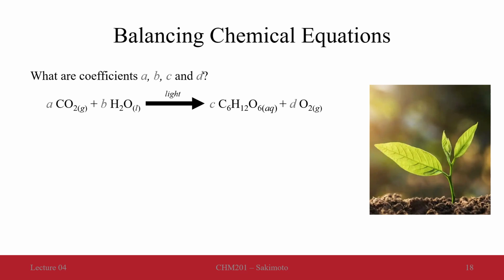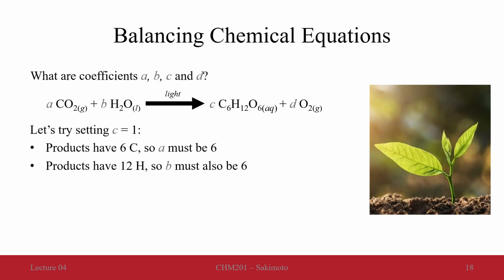So these coefficients have to satisfy that however many carbon I begin with must be the same number I end with. Some of this is going to be guess and check, and you may have to do this iteratively, but we can start by noticing that our products, particularly the glucose C6H12O6, has 6 carbon atoms on the right side. For those carbon atoms to appear on the right side, they must have been on the left side.